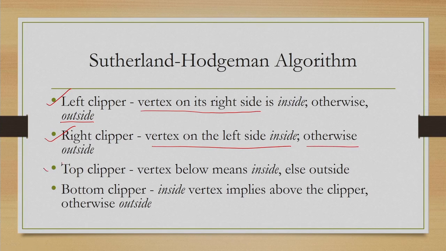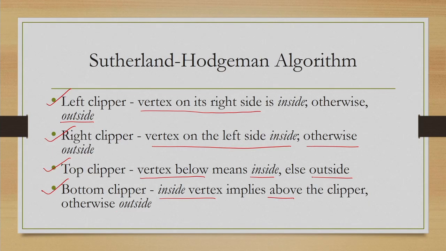For the top clipper, if a vertex is below the clipper, that means it is inside, otherwise it is outside. And for the bottom clipper, it is again just the opposite of the top clipper, that means an inside vertex is above the clipper, whereas outside means it is below.